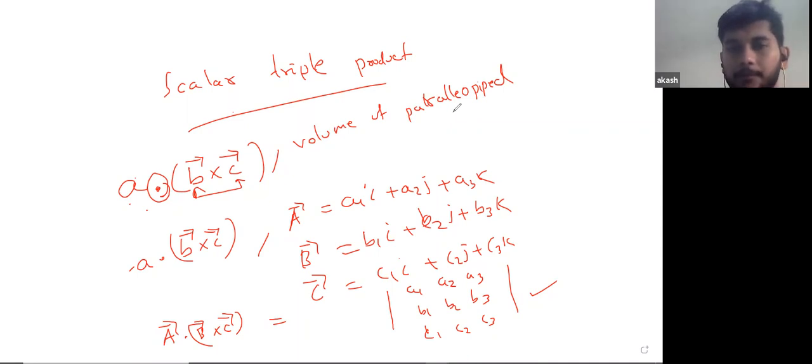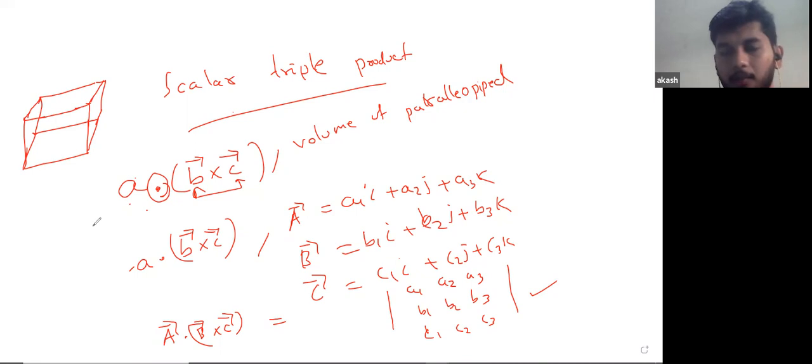It is the 3D version of a parallelogram. You can understand it like this. Are we clear?